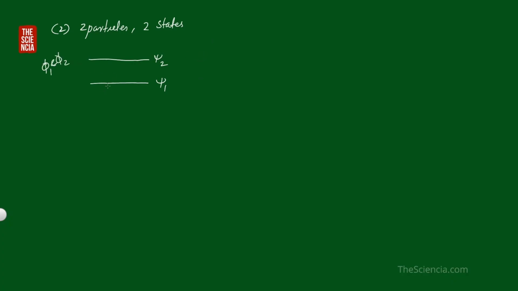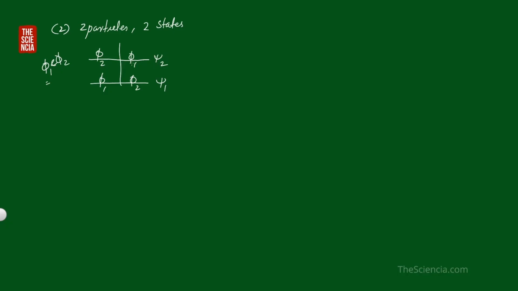Suppose in this condition, each particle is in each state. Maybe the first particle will be in the first state and the second particle in the second state, or the second particle in the first state and the first particle in the second state.